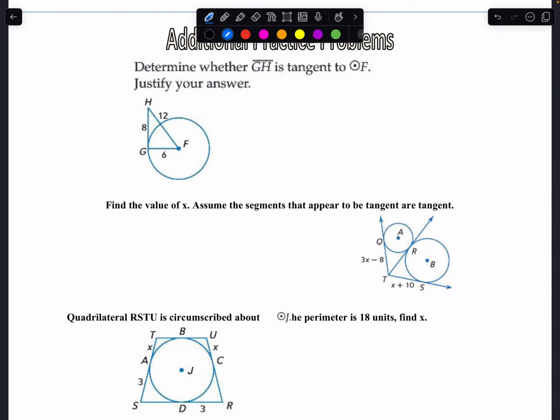For this first scenario, we're trying to identify whether or not GH is tangent. Is this line intersecting at 90 degrees with the radius? The way to do that is, again, the Pythagorean theorem, the only theorem that works with side lengths of a right triangle. So I want to know, does this work?